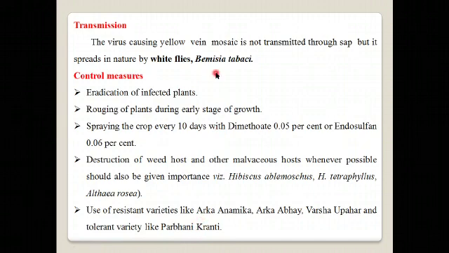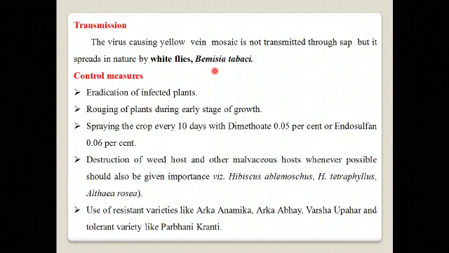So in this way you can control or manage this yellow vein mosaic disease in bhendi crop. This yellow vein mosaic disease is the most common and most destructive or devastating disease seen in bhendi crop.